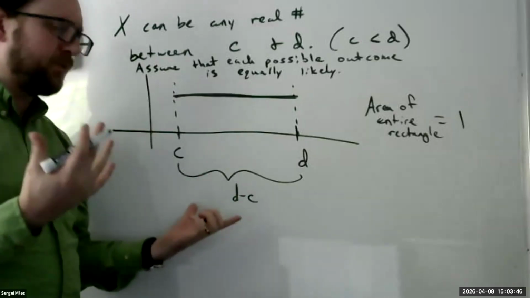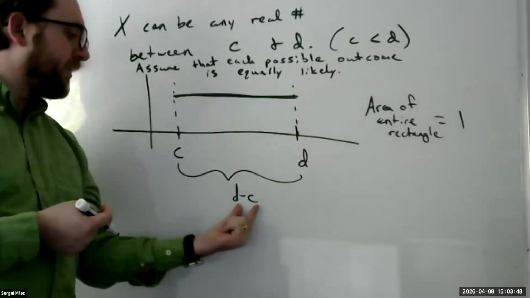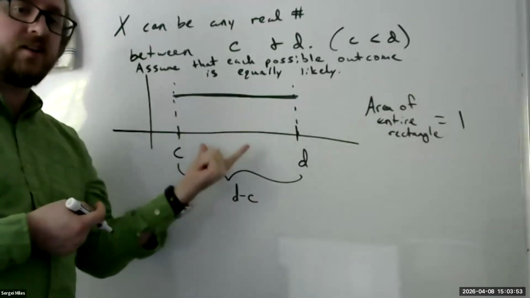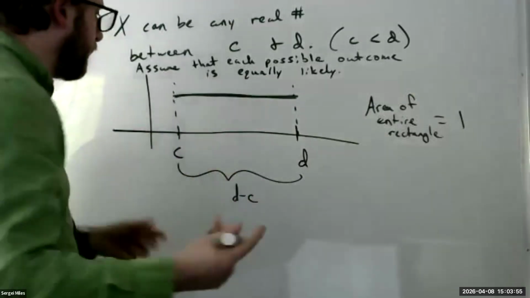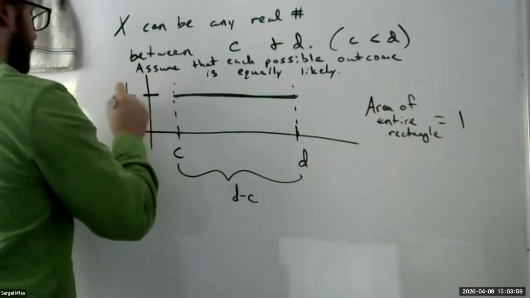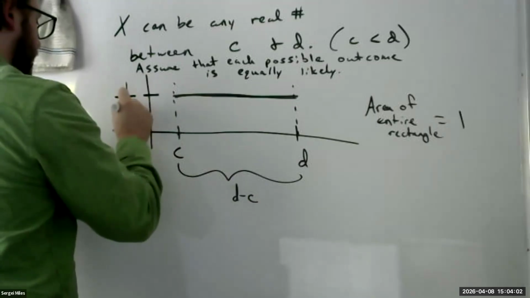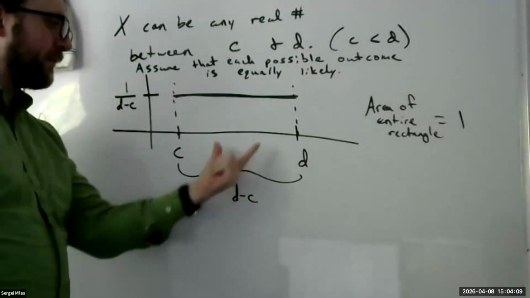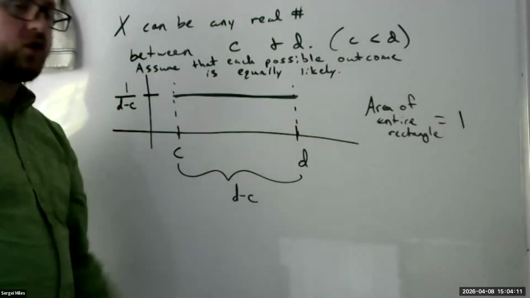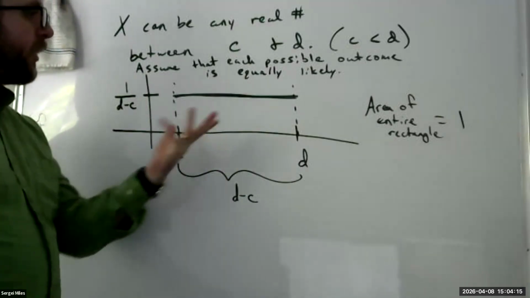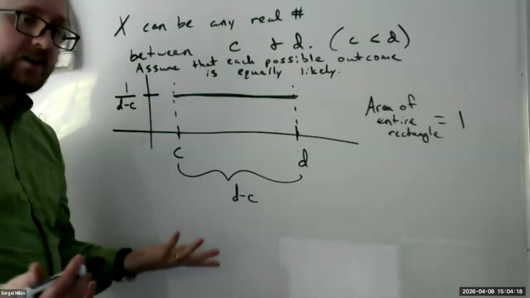I forget what number I came up with earlier. At any rate, this is some length. But the entire area of this rectangle, length times width, has to equal 1. And so the height of this rectangle has to be 1 divided by D minus C. This way, as I multiply the height times the width of this rectangle, the total area will always equal 1. And once we have that, now I can find the probability for any range I like.